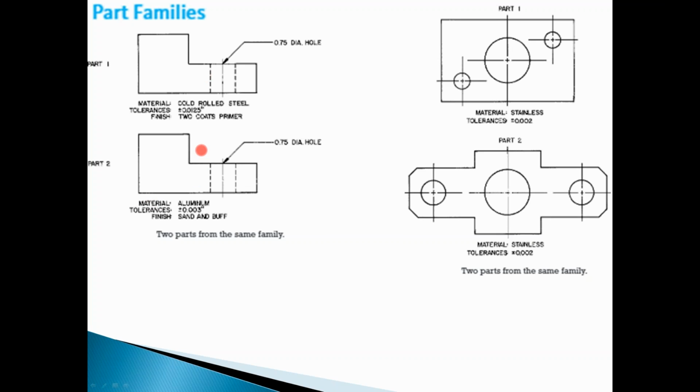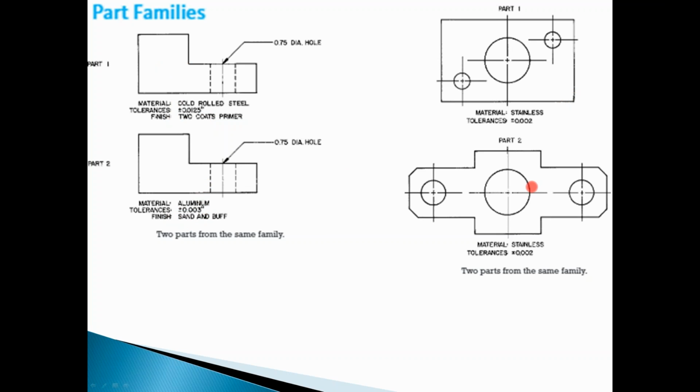However, you will note the difference in the area of production processes. If you look at the production processes, the material is different, the tolerance is different, and the finish is different: they want to paint this one, whereas this one they don't want to paint, they want to sand and buff it.